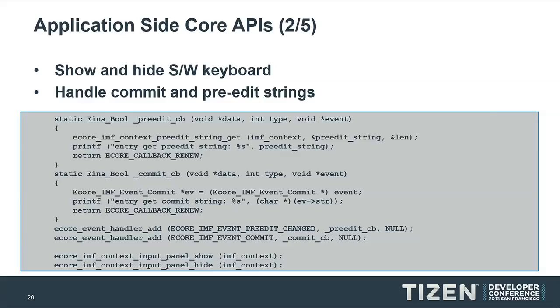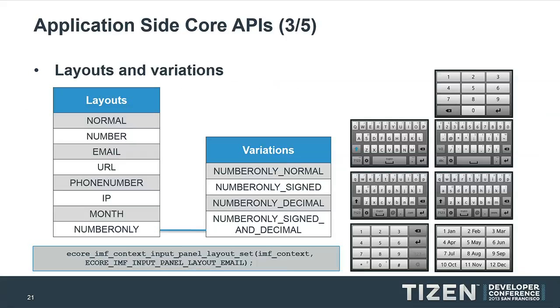So what can we do with the core APIs? There are some simple functions we have. We can show and hide the software keyboard, and we can register some callback functions for handling commit and preedit strings. And also, we can request the software keyboard engine to display specific keyboard layouts for the user's convenience.